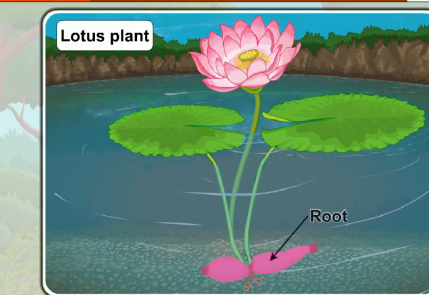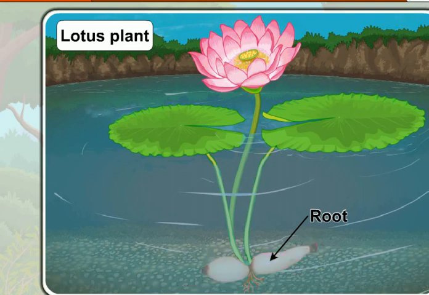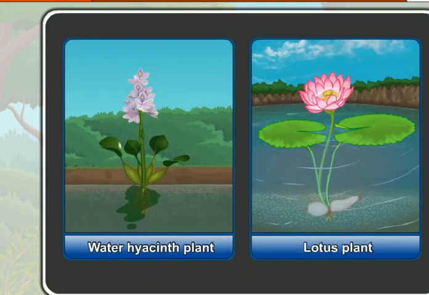The lotus root is fixed inside the mud at the bottom of the water. Yes, you are right. The lotus root is fixed inside the mud at the bottom of the water. Unlike the water hyacinth plant, the lotus plant is fixed to a place at the bottom of the water.